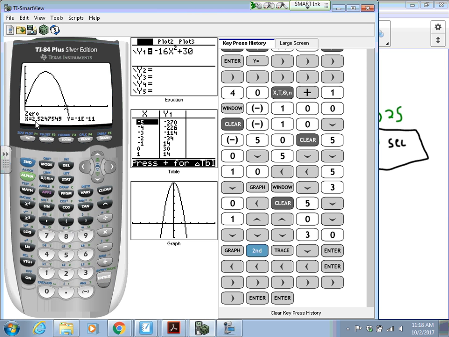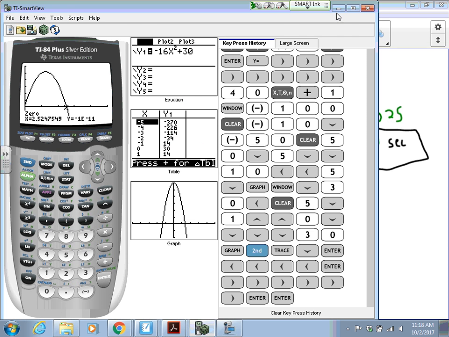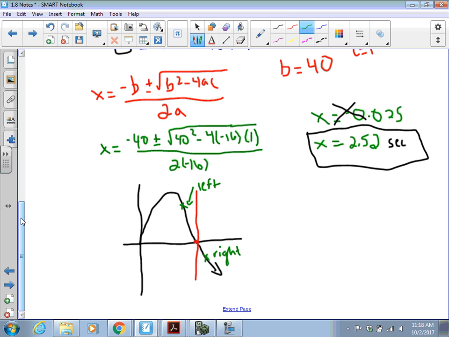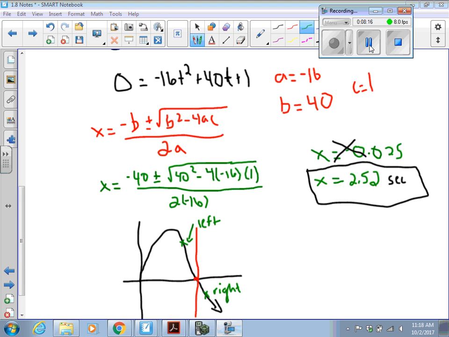And it looks like here we get 2.52. And since we're rounding to the thousandths, we got the same answer. So you could use your calculator, or you could use the quadratic formula to find your answer. And that's basically how you'll find the answer to this word problem.